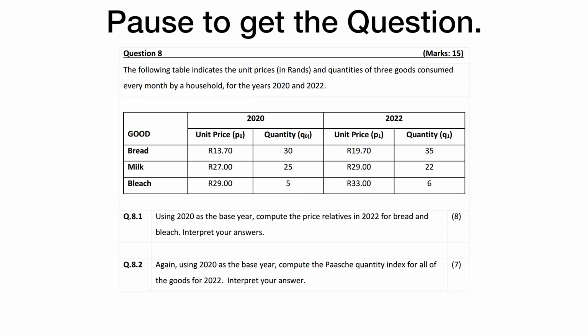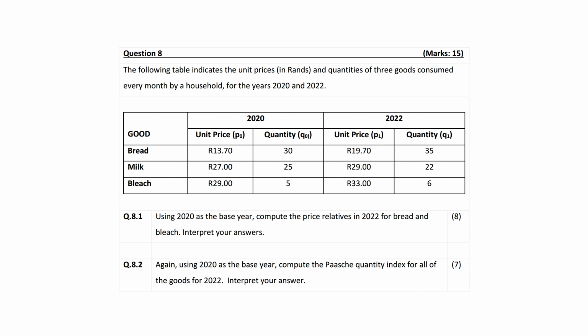And then the last question has given you the table that has the bread, milk, and bleach. It says the following table indicates the unit prices and quantities of 3 goods consumed every month by a household for the years 2020 and 2022. They've given you bread, milk, and bleach, as well as the price and quantities for 2020 and 2022.